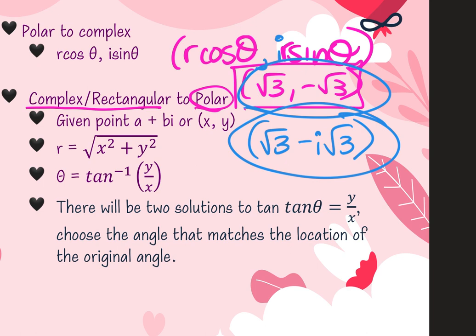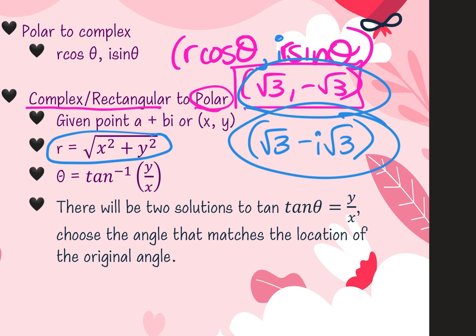We get the r by doing the Pythagorean theorem, the square root of x squared plus y squared. If you think about it, you are basically making a right triangle inside your circle. So r is the square root of x squared plus y squared, or a squared plus b squared if it's complex. And then to find theta, we do the inverse tangent function: tan -1 of y over x.